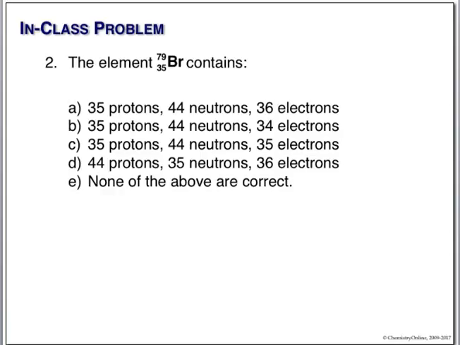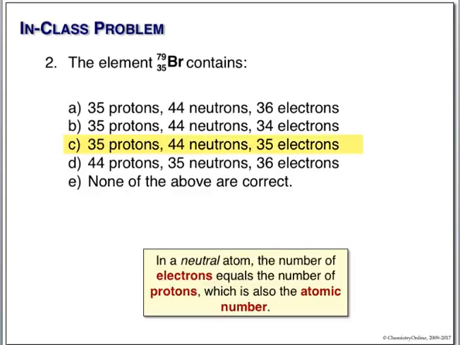You don't see anything up here, therefore it must have the same number of protons and electrons. 35 protons, 35 electrons. Would the charge be 0? The charge is 0. Any questions?